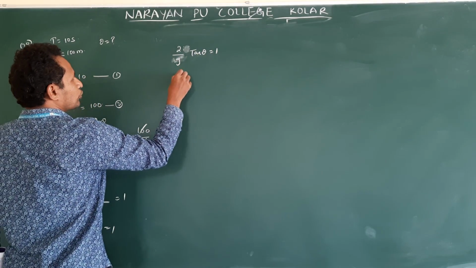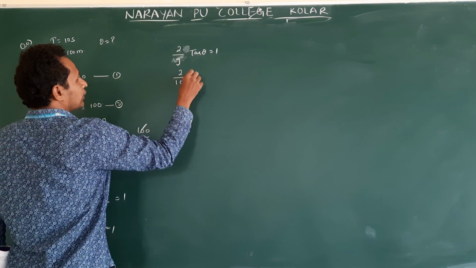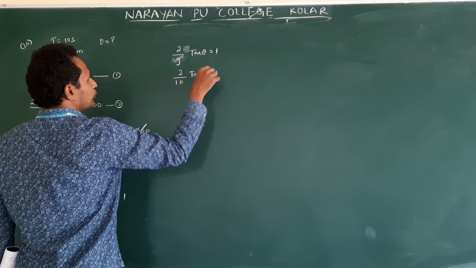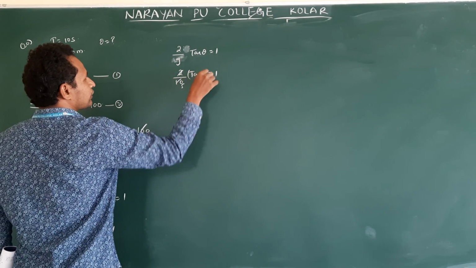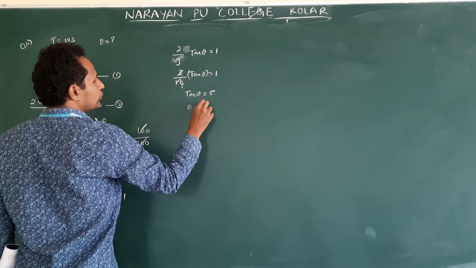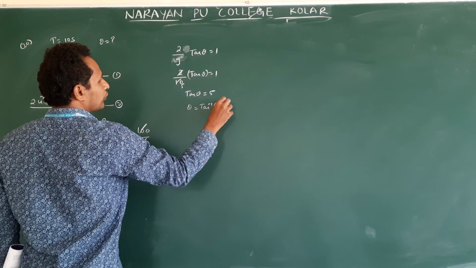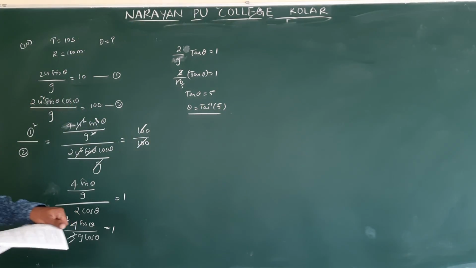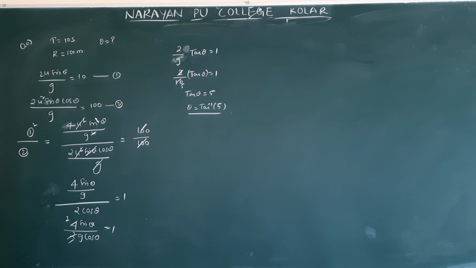Right? So 2 by 10, the g value, tan theta is equal to 1. So tan theta is equal to 5. Theta is equal to tan inverse of 5. Given answer, yes, it is given, tan inverse of 5.